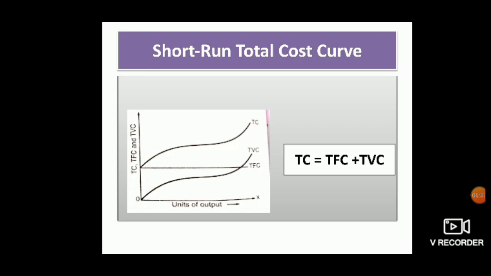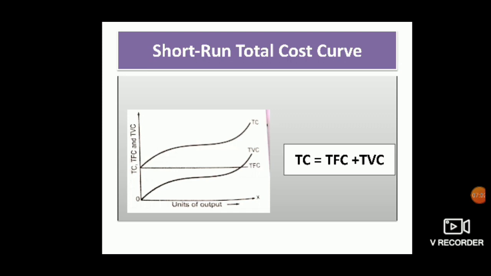This is the formula for the short run total cost curve. So the formula of short run total cost, total cost TC, is equal to TFC plus TVC. That means total cost is equal to total fixed cost plus total variable cost.